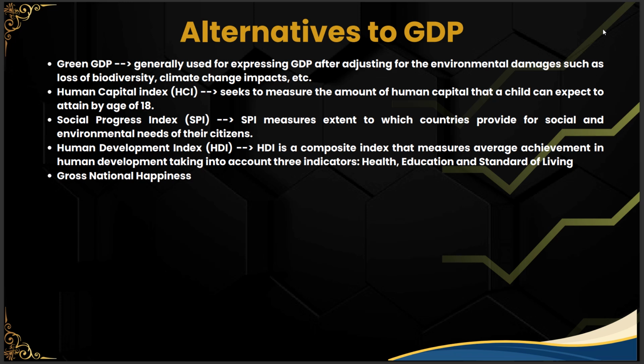If a group of people are not happy, that project is stopped. That's very much seen in Bhutan. The term was coined by Jigme Singye Wangchuck, the king of Bhutan, in the early 1970s. That is something which we must, in the current phase, take into consideration.